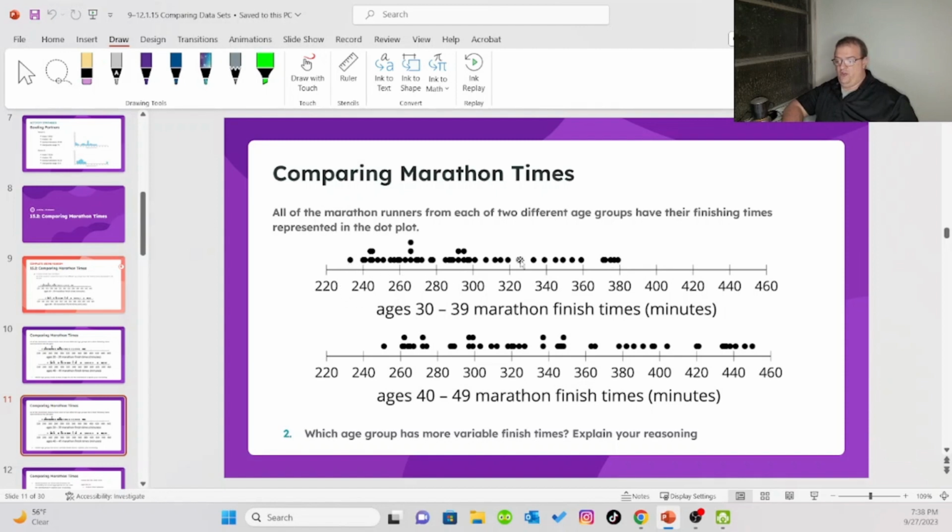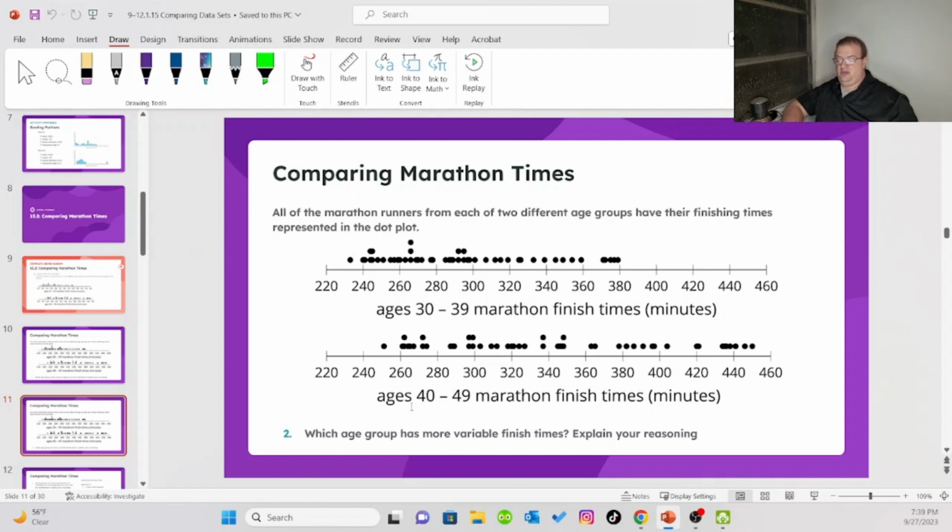So they have an overall range of about 150 minutes, about 2.5 hours. But if we look at the 40 to 49-year-olds, they look like they go anywhere from the fastest at 250 minutes all the way to the slowest at 450 minutes. So that's about a 200-minute range, which is about 3 hours and 20 minutes.